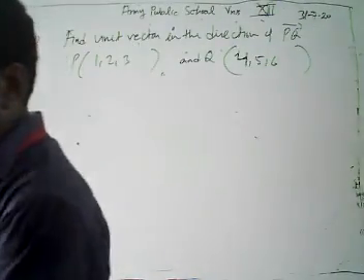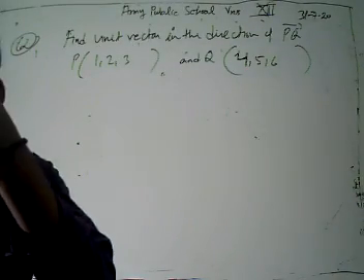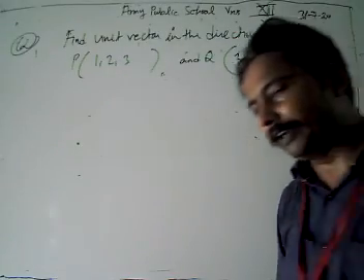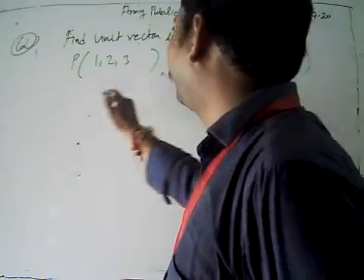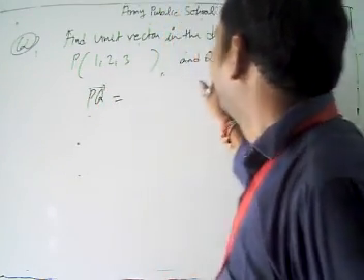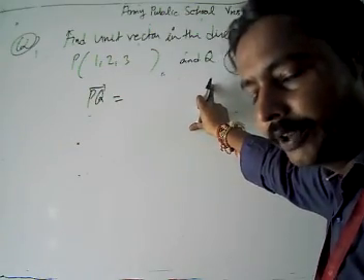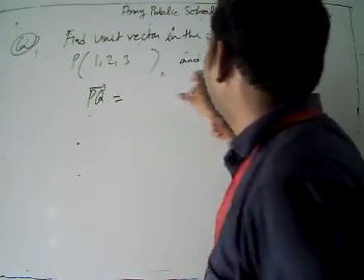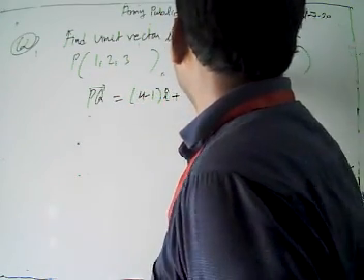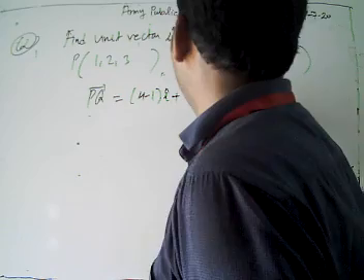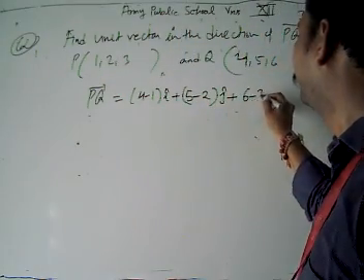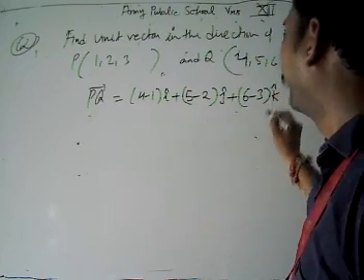We have to find the unit vector in the direction of vector PQ. First of all, we find the directed vector PQ. How can we find it? We take the position vector of Q minus the position vector of P. Then we have 4 minus 1 I cap plus 5 minus 2 j cap plus 6 minus 3 k cap.